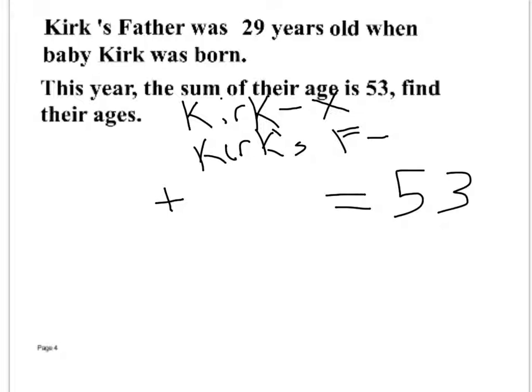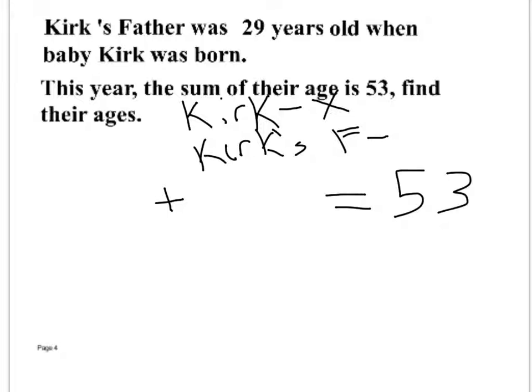Let's say Kirk was 10, how old would his father be? 39. If Kirk was 20, how old would his father be? 49. All you're doing is adding Kirk's age plus 29. So if Kirk is x, what would Kirk's dad be?